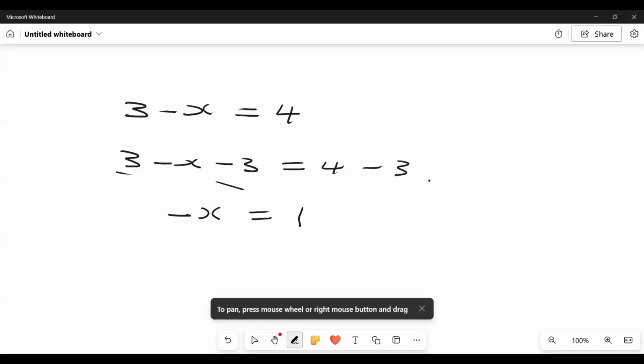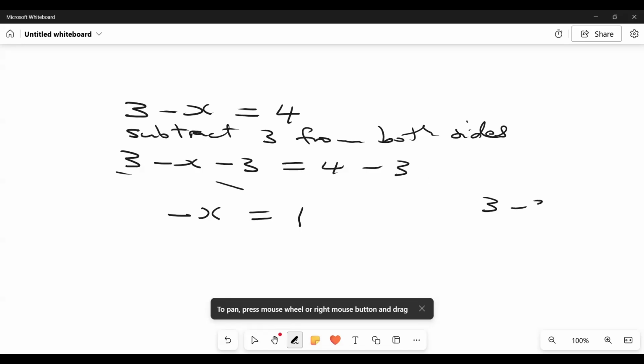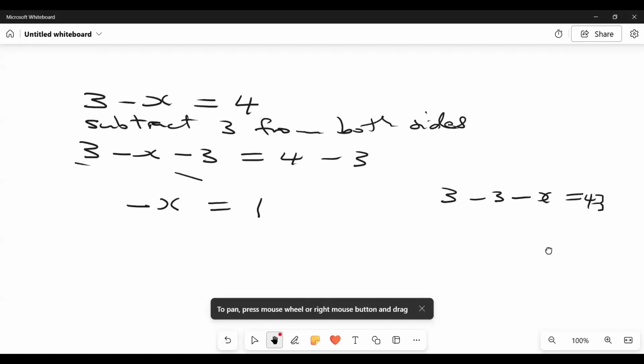In our next step, let me write a statement here. Subtract 3 from both sides, right? And that's what we're doing here. Some people might not write it like this. They'll write it like this: 3 minus 3, they'll subtract the 3 right there, and then put a minus x equal 4 minus 3, right?